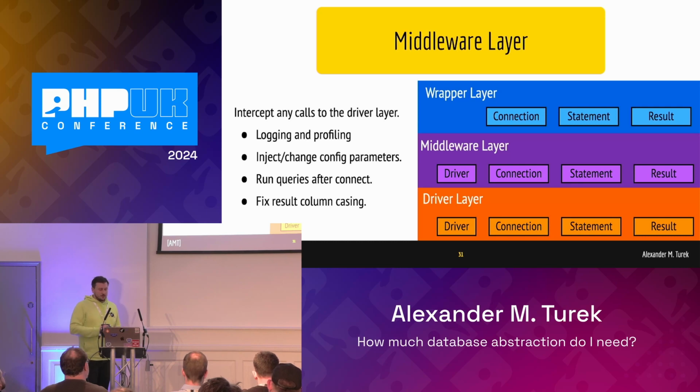Also, where it could be helpful is if you have somewhat dynamic connection settings. I was in a project once where the database credentials were somewhat hidden, obscure in some kind of data source that I had to load them from.